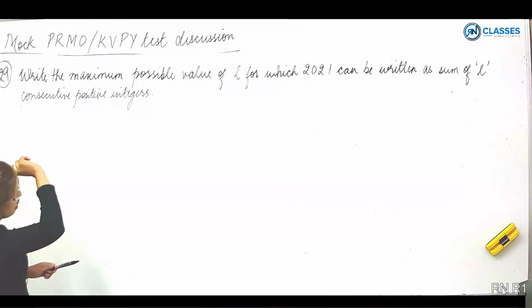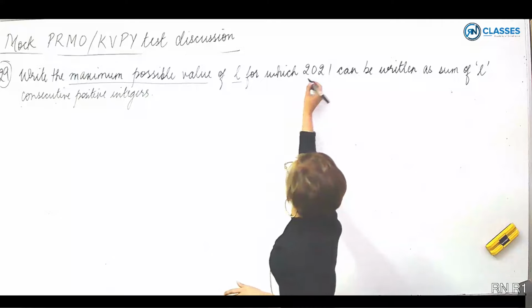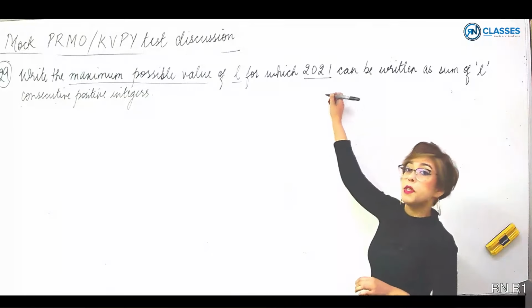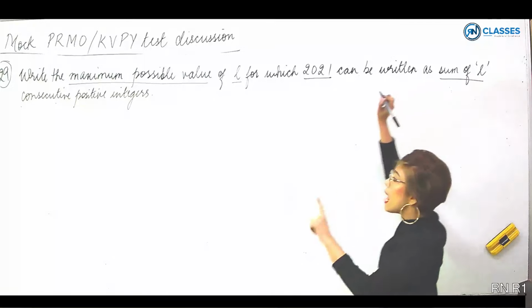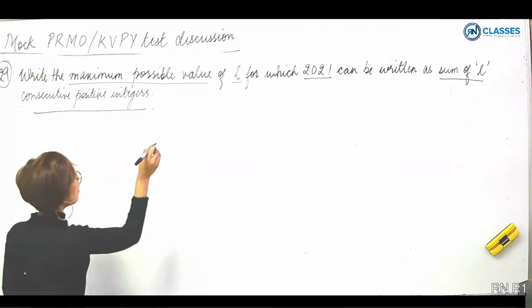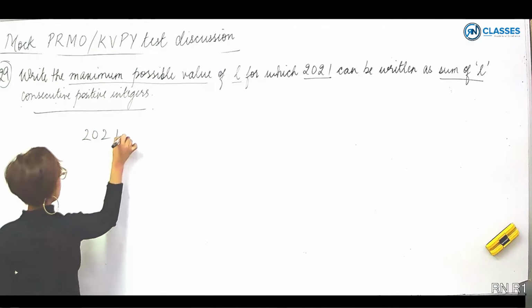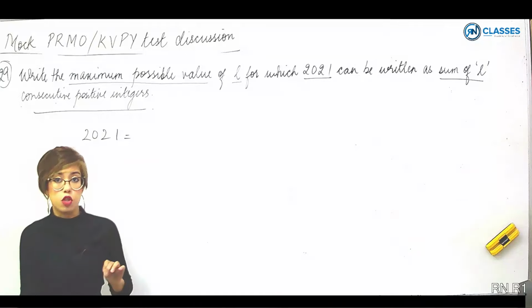On to the next one. He says write the maximum possible value of L, for which 2021, this is going on, by the way, can be written as the sum of L consecutive positive integers. So I need to write 2021 as the sum of L consecutive positive integers.